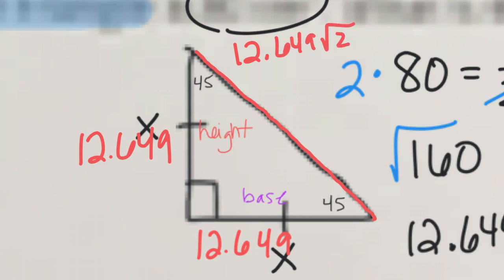Right? 12.649 squared plus 12.649 squared equals c squared. And when you take the square root, you should get 17.889. Okay? So if it wants the perimeter, you have to find all 3 sides and add them together.